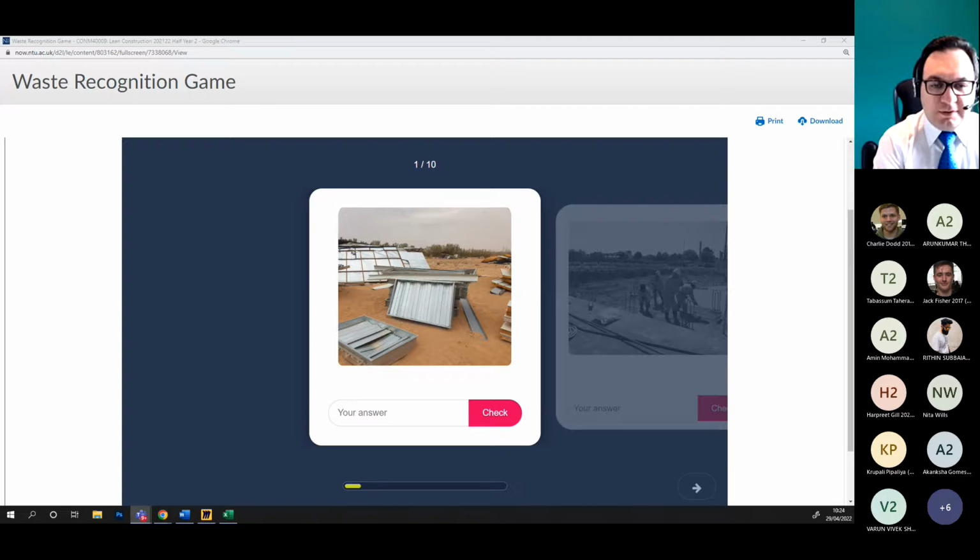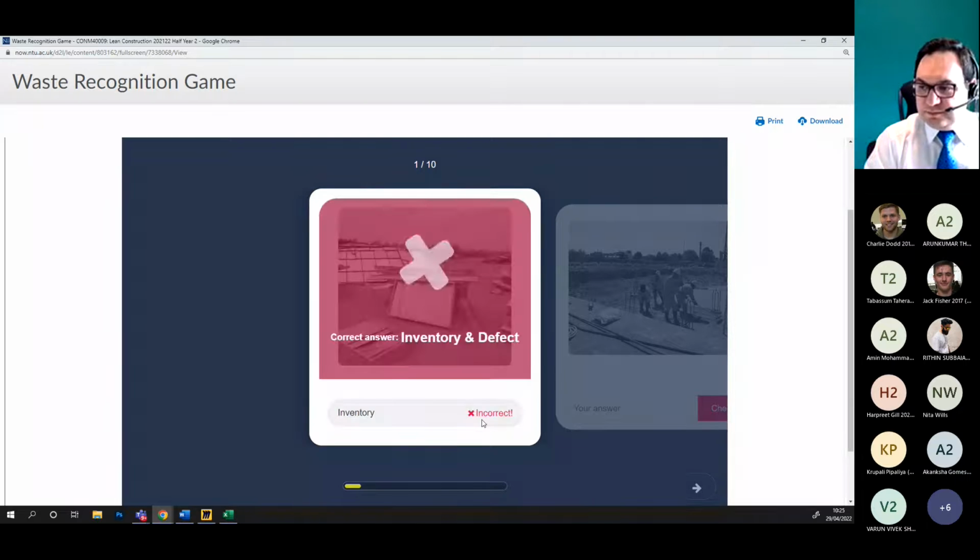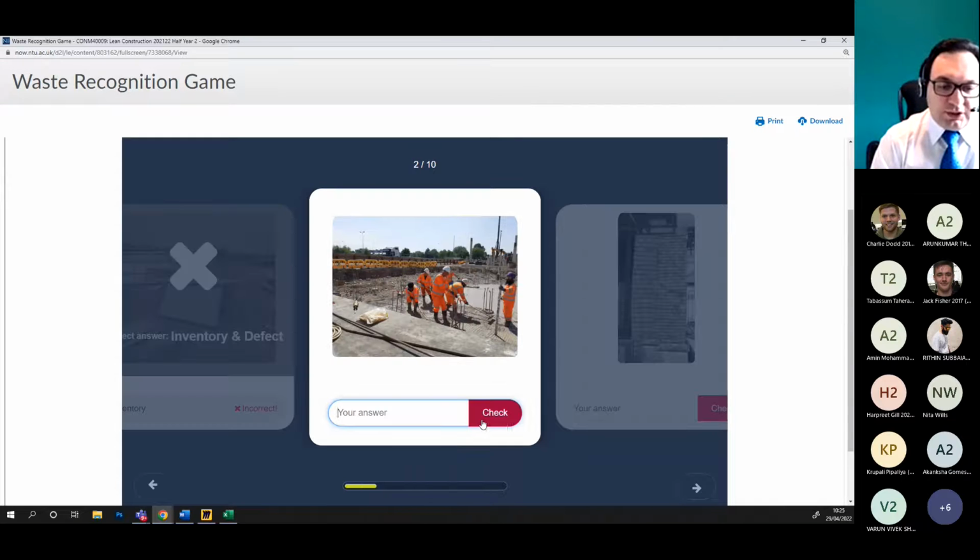Okay, good. So most of you are talking about inventory, storing material on site. So let's put inventory here. It is correct, inventory and defects.